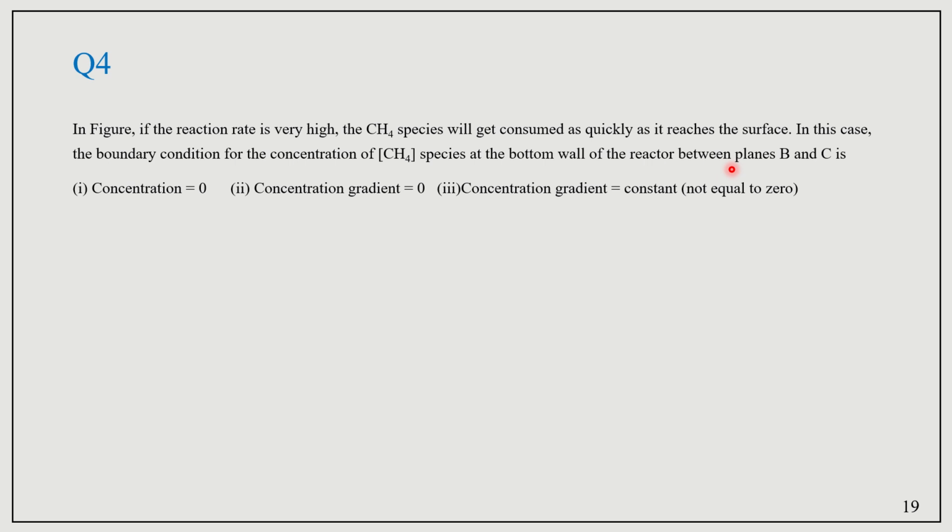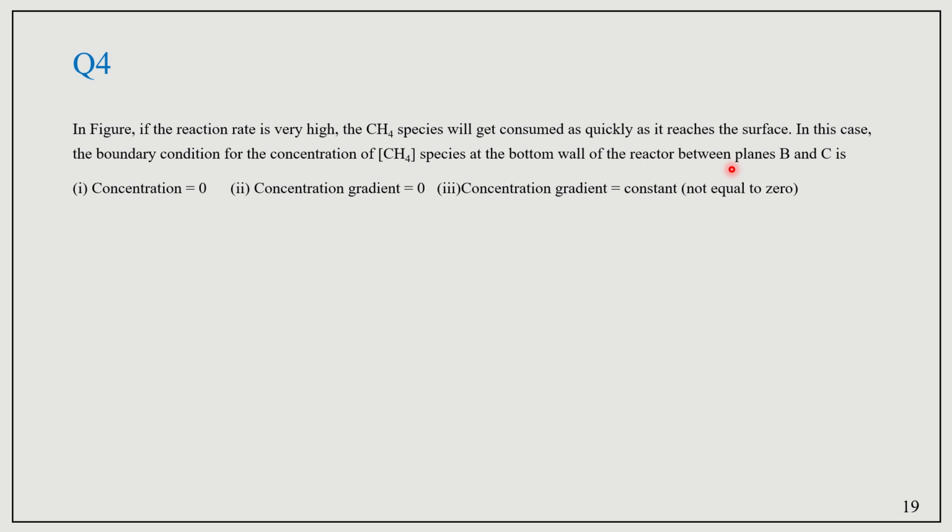Third one, concentration gradient equal to constant. So in the figure, if the reaction rate is very high, methane species will get consumed quickly as it reaches the surface. In this case, the boundary condition for the concentration of methane species at the bottom wall of the reactor between planes B and C is dash. We all saw that between planes B and C, the bottom wall is coated with the catalyst.